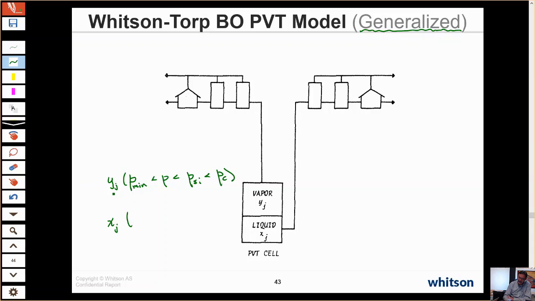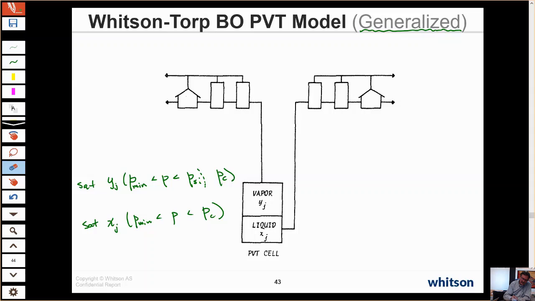And likewise, every time we have an equilibrium gas phase, this is going to be a saturated gas, and it's saturated oil. It doesn't have to be the saturated oil, but normally it will be. From the same pressure, we're going to get a complete collection of saturated compositions, so that we cover the entire range, and don't stop here, but actually go all the way out to the critical point.